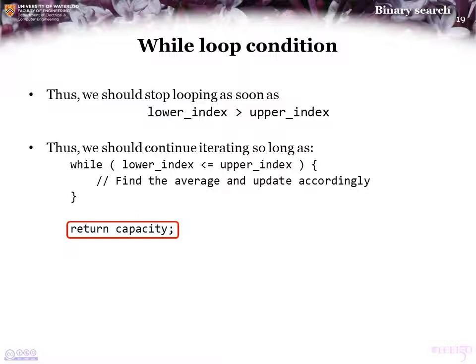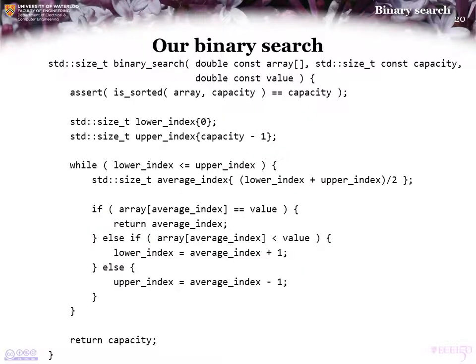If we did not find the value we are searching for, we will return capacity to let the user know that we did not find what we were looking for. All right, so here is our binary search function, and here's our condition, and if that condition ever fails, we will stop the for loop and return capacity.